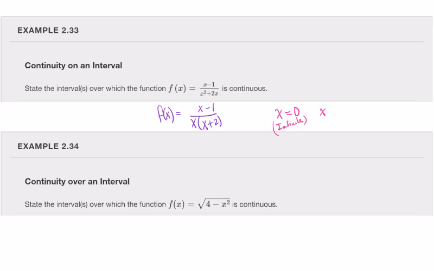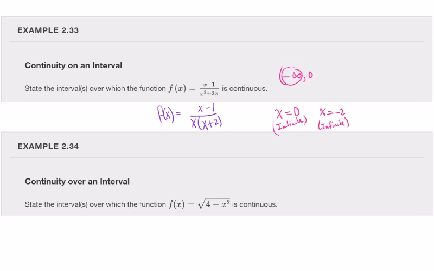And then the other one is x equals -2, because that'll make a 0. So that's also going to be an infinite discontinuity.